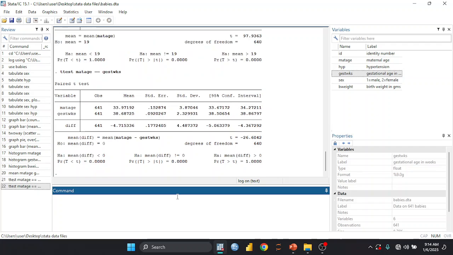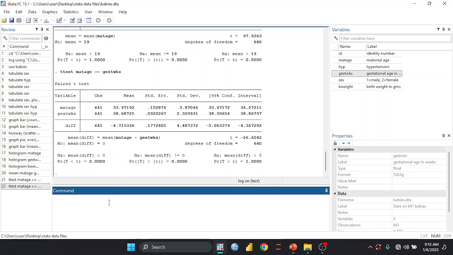So we press enter, and here we say it is not the same because again the p-value is less than 0.05, which means the test is significant, and we reject the null hypothesis and accept the alternate hypothesis that it is not the same. That means it is not zero. One is significantly greater than the other. That means gestational weeks is significantly greater than maternal age. So if there's a marketing promotion, the second targeting is significantly greater than the first one.